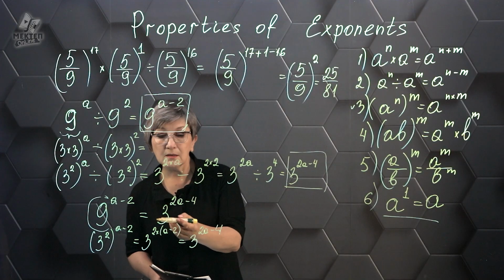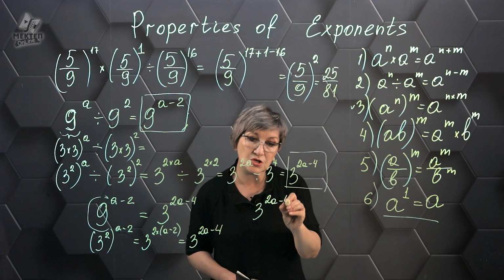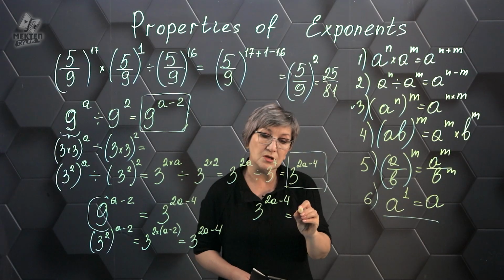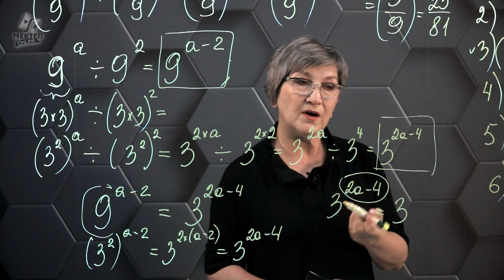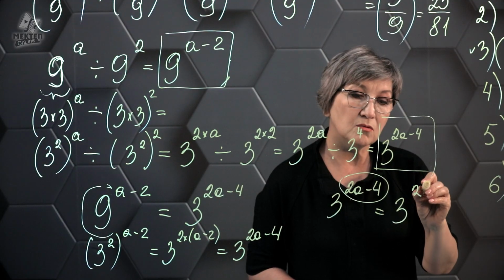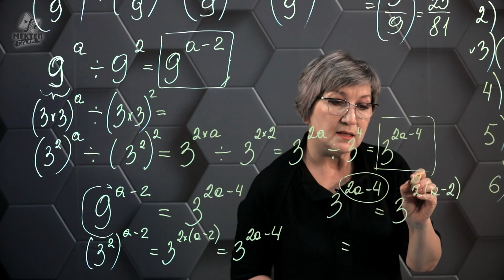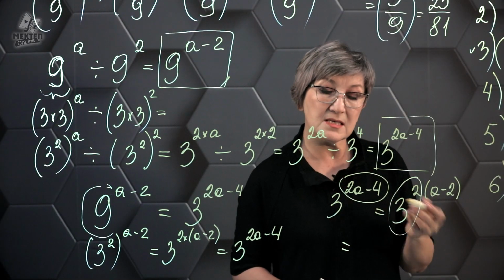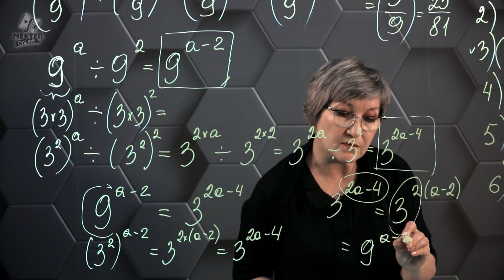You can convert 3 to the power of 2a minus 4. In this case, I can put 2 outside the parentheses in the expression: 2 multiplied by (a minus 2). 3 to the power of 2 is 9. And then it's 9 to the power of a minus 2.